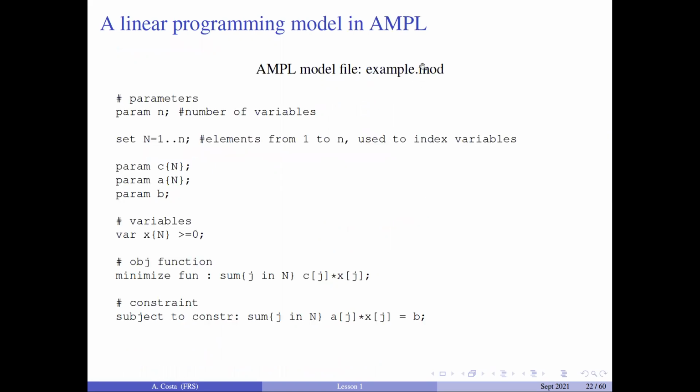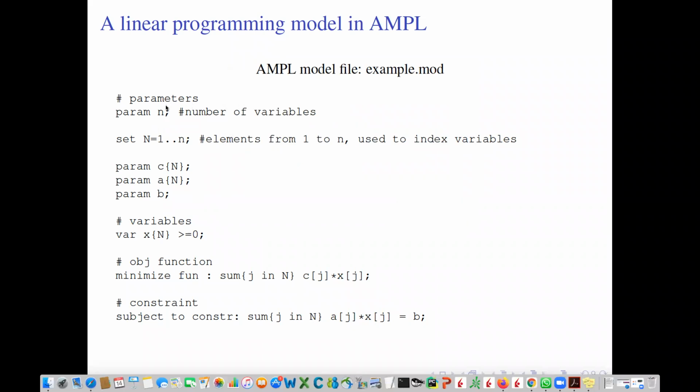So this is the mod file. Remember, the mod file is where we write the variables, the constraint, the objective function, and we may have also the values of the parameters. If we don't have them here, we have them in the data file.